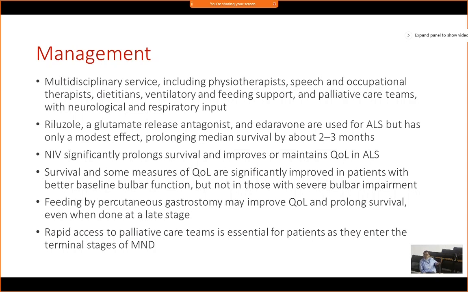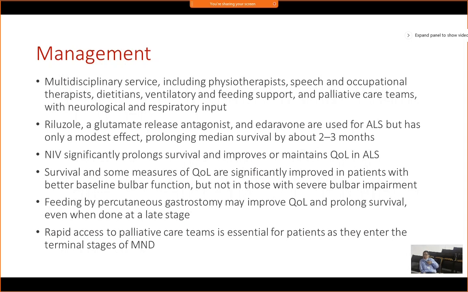There is no specific treatment, so initially there may be only counseling, but later on you require a multidisciplinary service with physiotherapists, speech and occupational therapists, dietitians, ventilatory and feeding support, and palliative care teams with neurological and respiratory input.